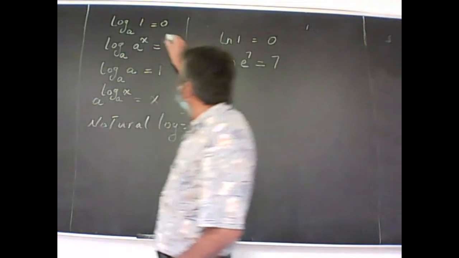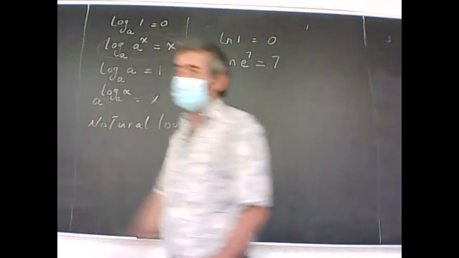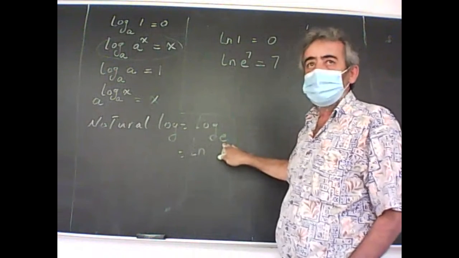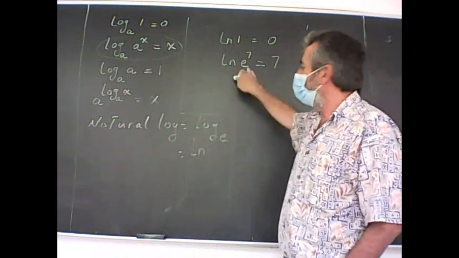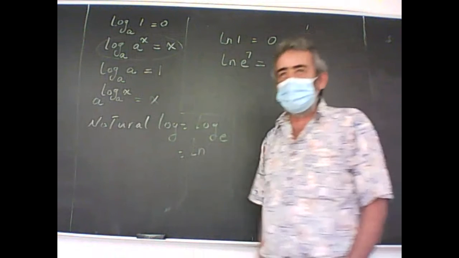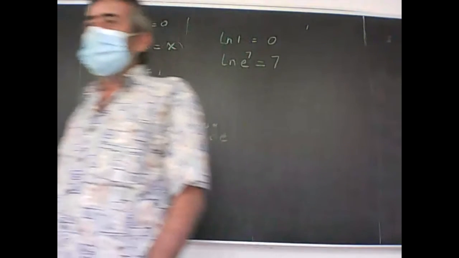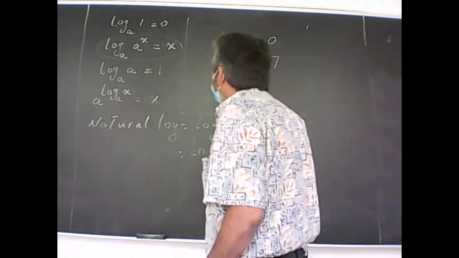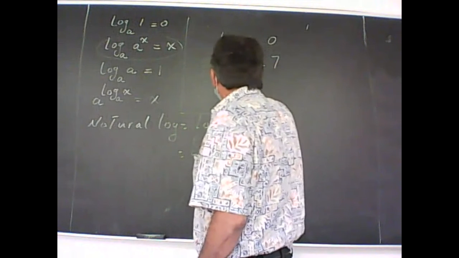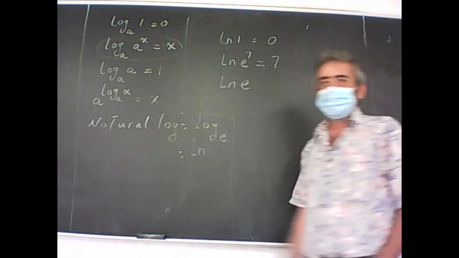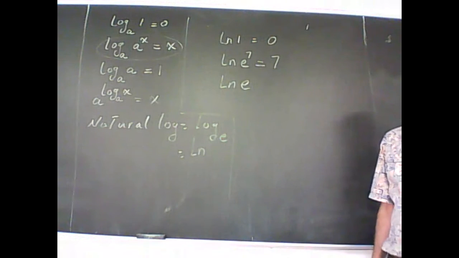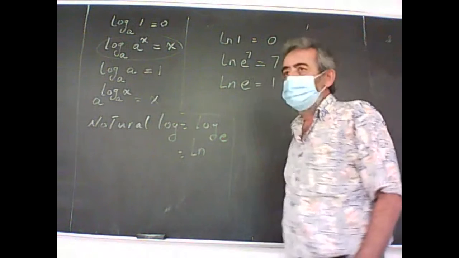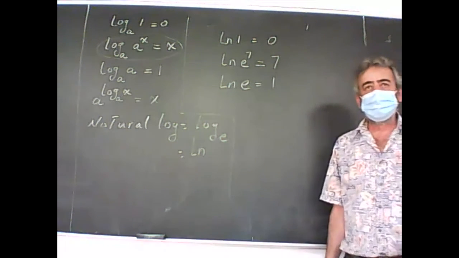Why this rule? ln means log base e, in both places, and therefore the answer would be simply the exponent, 7. So what's ln of e? This is equal to 1.